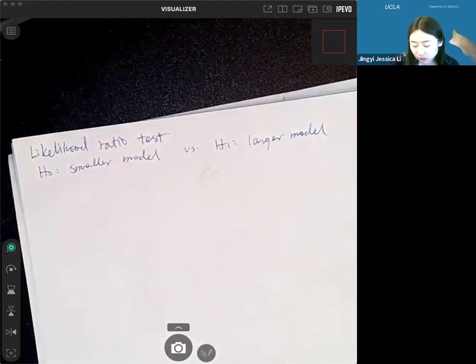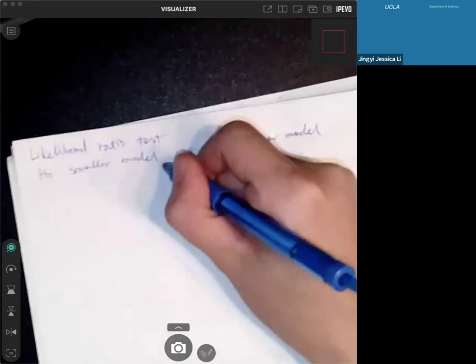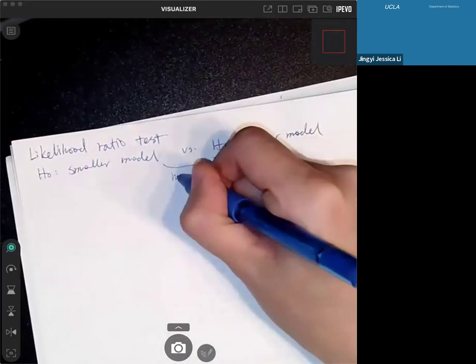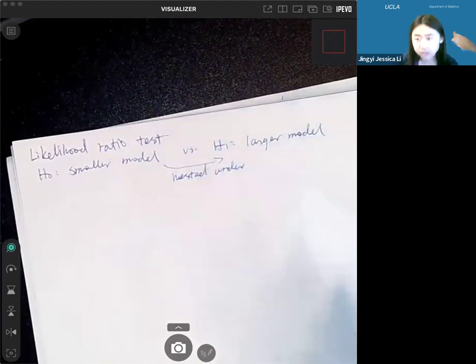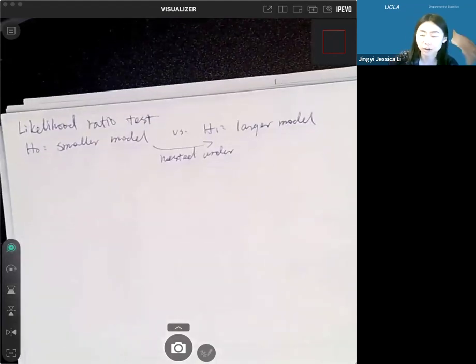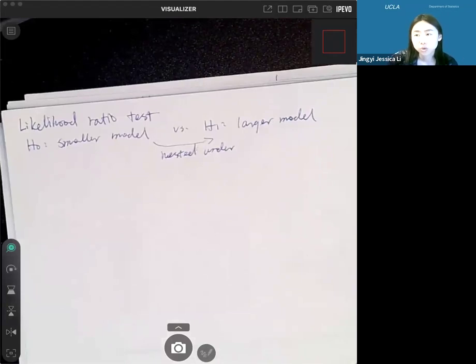And the two models must be nested. The smaller model must be nested under the larger model. In other words, the smaller model is a special case of the larger model in which you set some parameters to certain values.